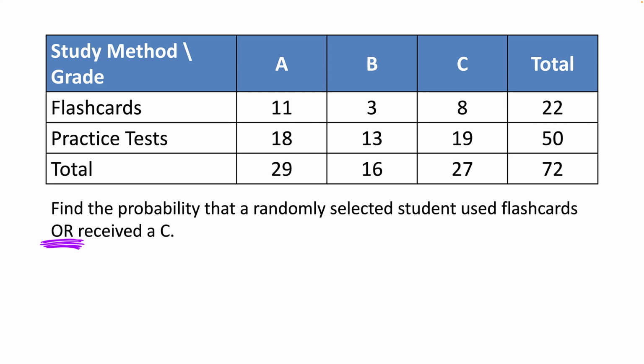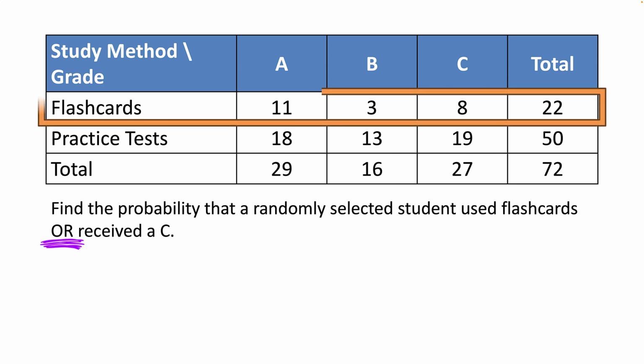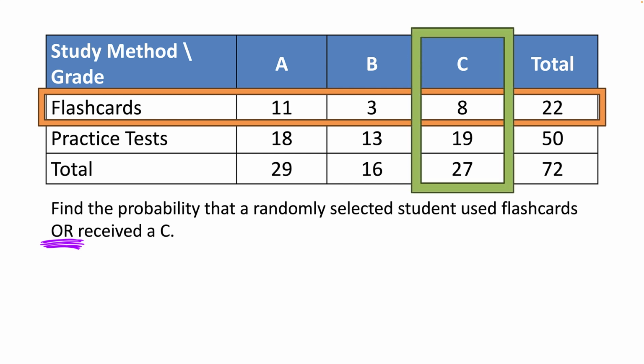Let's first find this information in the table. We can see there is a row of our table that contains information about students who indicated that their preferred study method was using flashcards. And there's a column in this table where students indicated they received a C test grade.